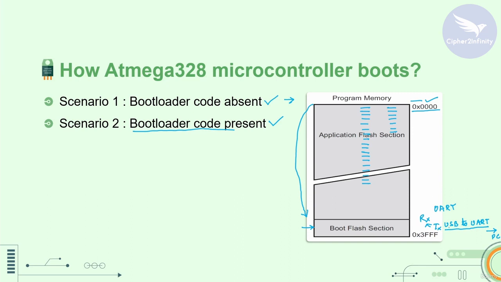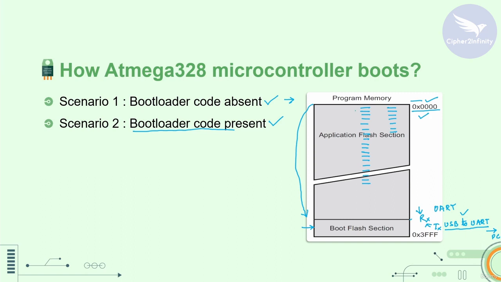Now in this case, the USB to UART converter was connected here. In case the USB to UART converter is not connected, this code is again going to do the same thing. It's going to monitor the RX pin of the microcontroller, and if it doesn't receive the predefined sequence of bytes over the RX pin, then this code will understand that no external programmer is connected, and as a result, it jumps from this location to this particular location, which is 0x000, and executes the old code which is already there inside the application flash section.